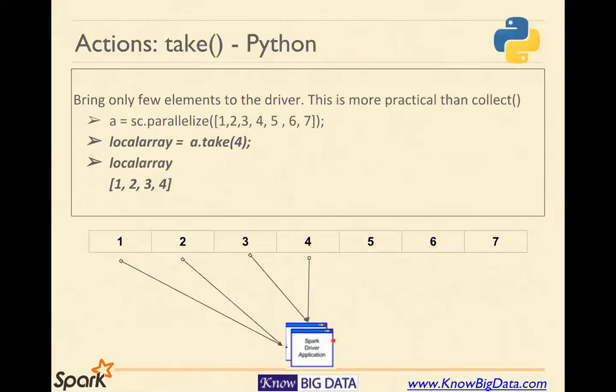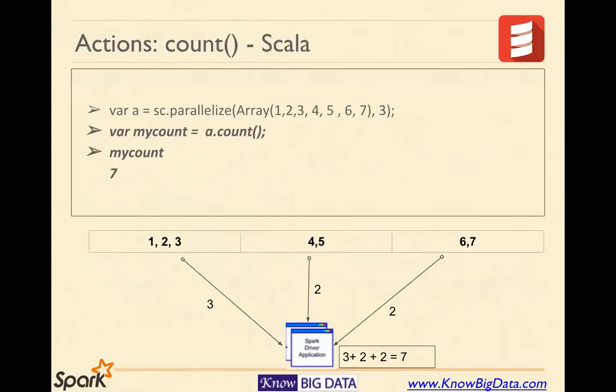Take we have already covered. Count we have already talked about. So if there are these many partitions, let's say there are 3 records in one partition. Here, this boundary represents partitions. While parallelizing, we have explicitly said that we are going to have 3 partitions.